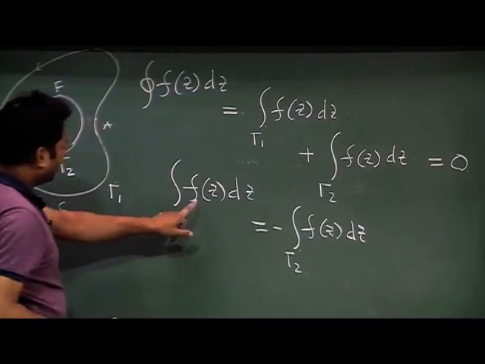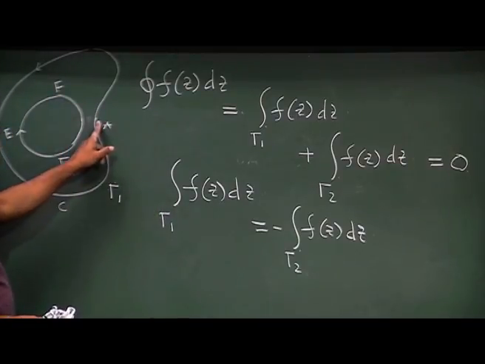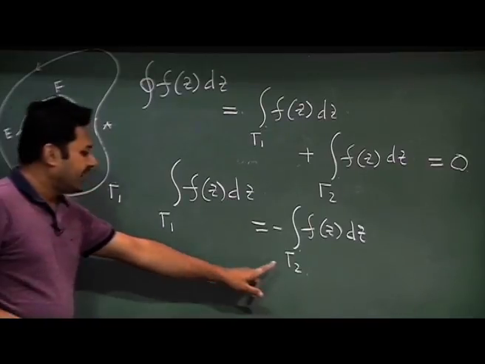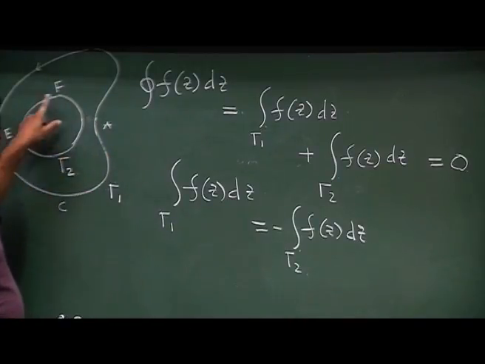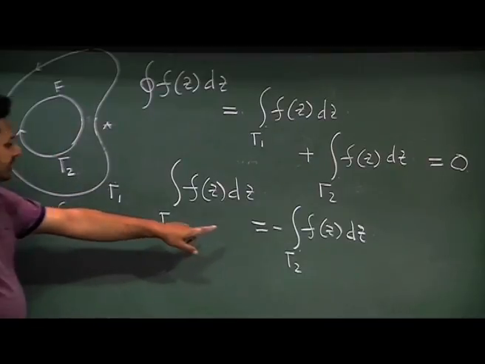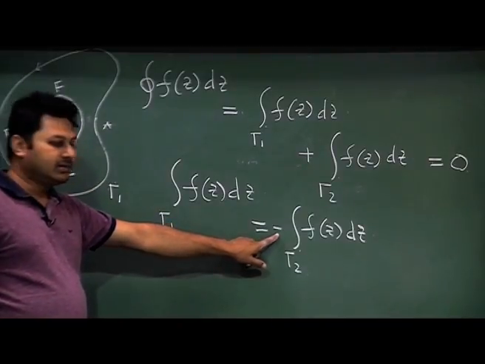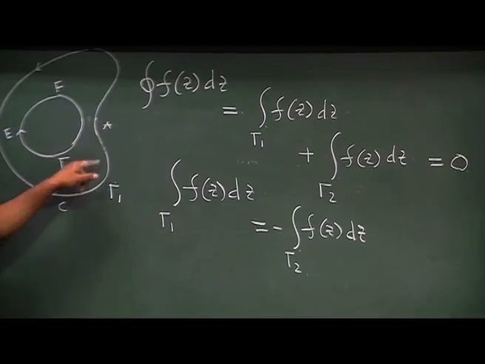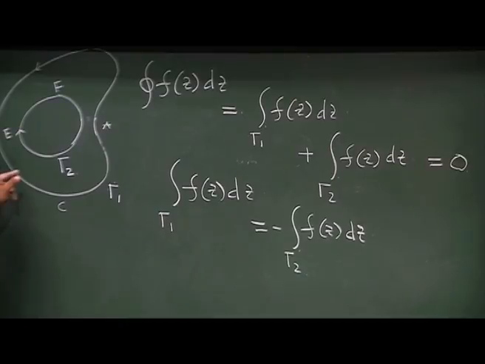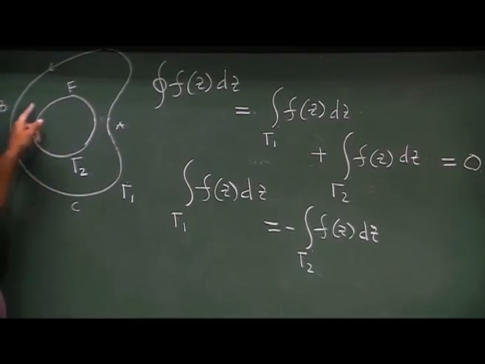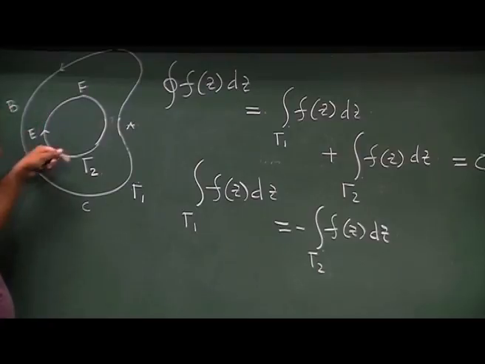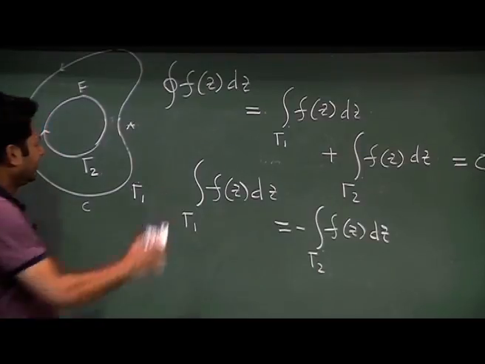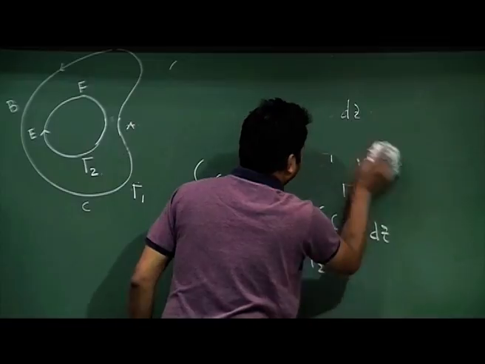I am saying whatever the integration over gamma 1 is equal to the negative of gamma 2. Now, if I want to reverse this sign, this direction is going to change. The outer closed path is anti-clockwise, and if it is clockwise, then this clockwise should be represented as anti-clockwise by removing this sign.